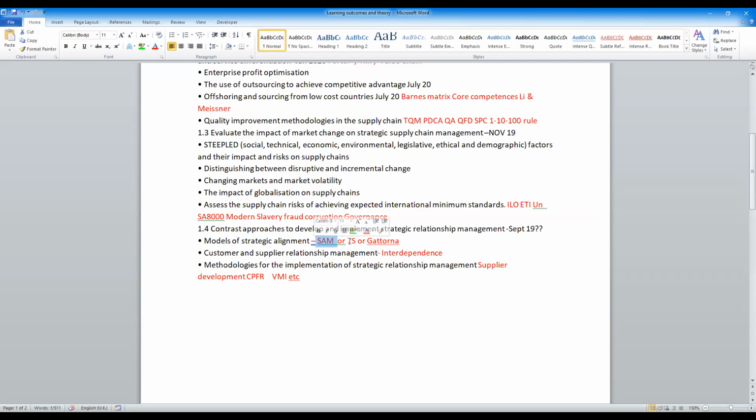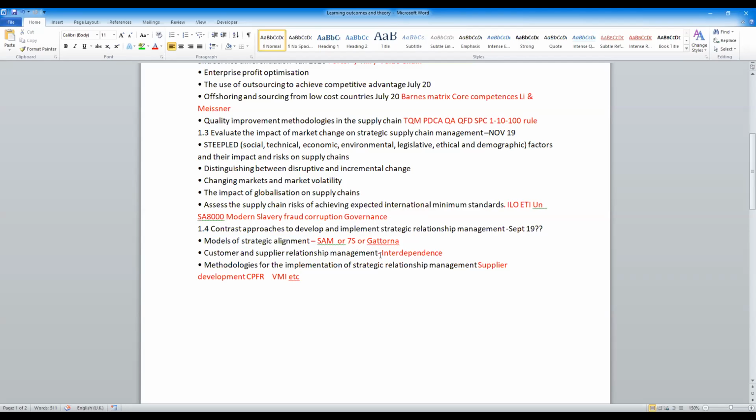The study guide shows you the 7S model under 4.4, but you could use it instead of SAM. And you could use Gatona as well, which I'll come on to. So you don't necessarily need all 3, but the SAM one is in the study guide.